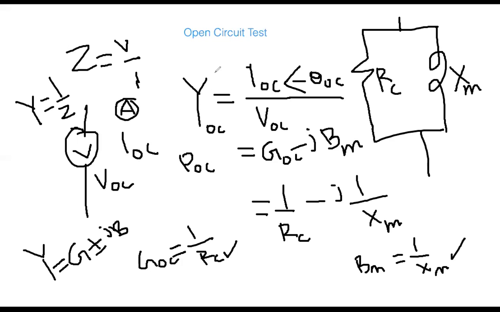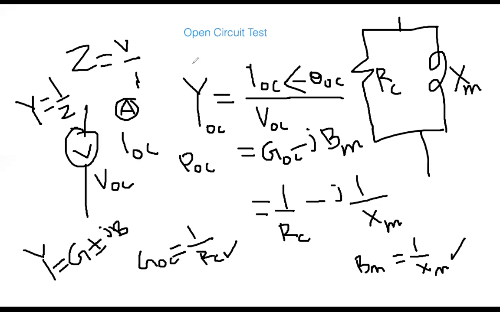So I will be asking you this question in the midterm exam and final exam: what parameters can be obtained from open circuit test? It is a simple question, and you will answer RC and XM.